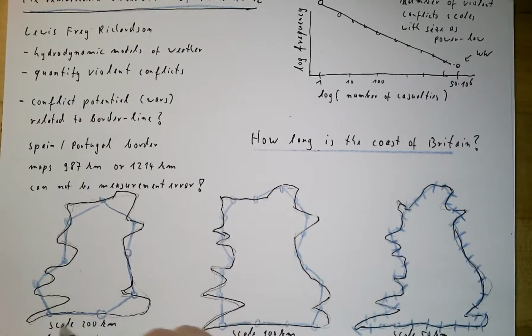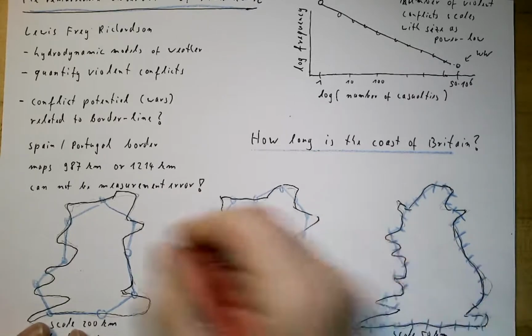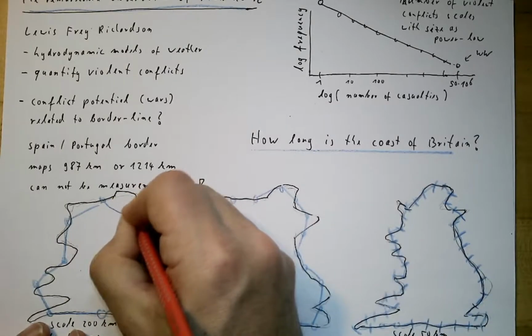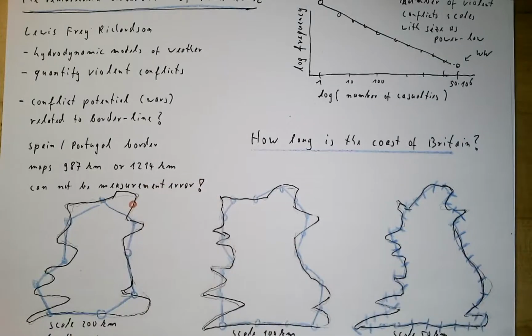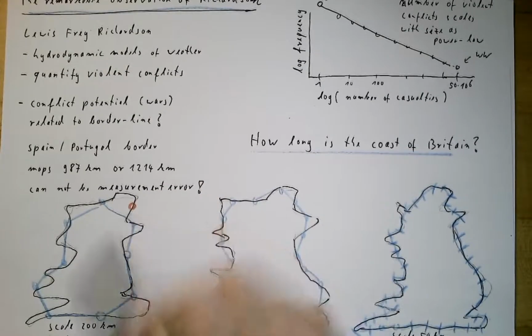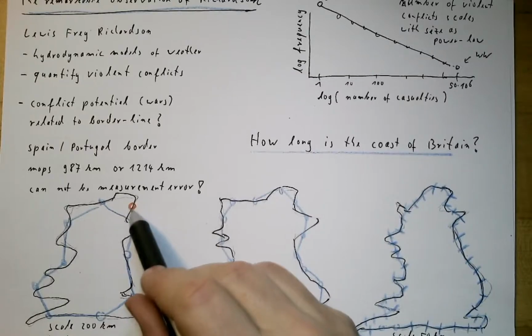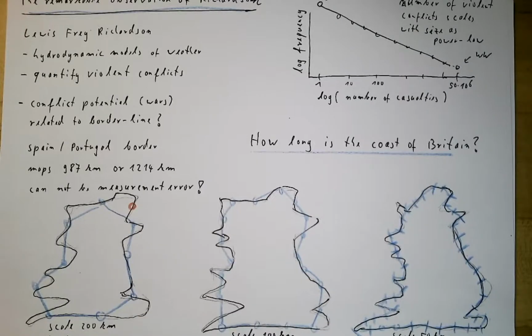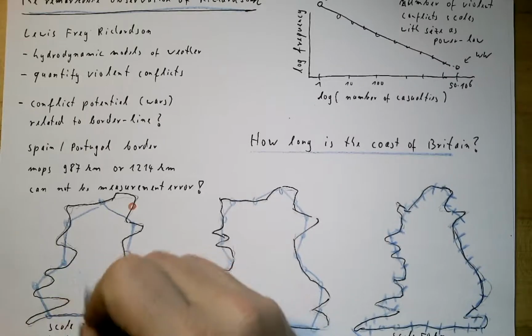But think, how would you specify the position of this point here? Here's a small village, or here's a person there. And now I want to give the position of this point with a single coordinate. You could try to make an angle.